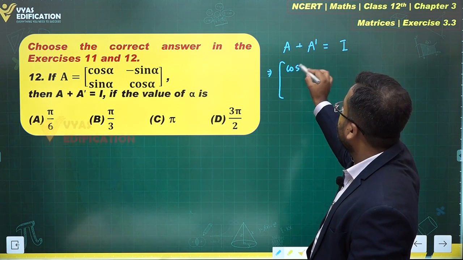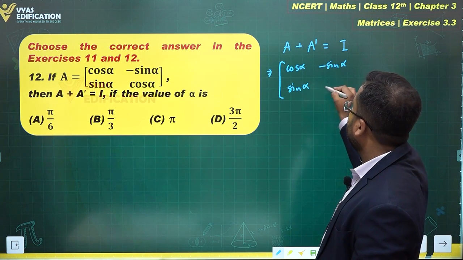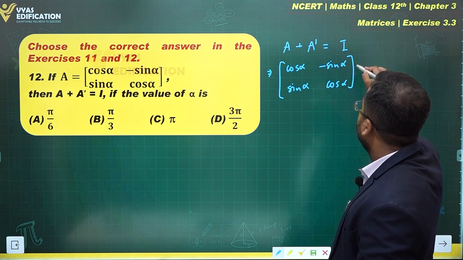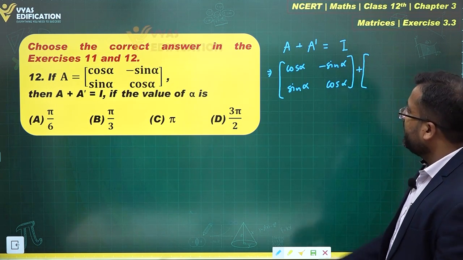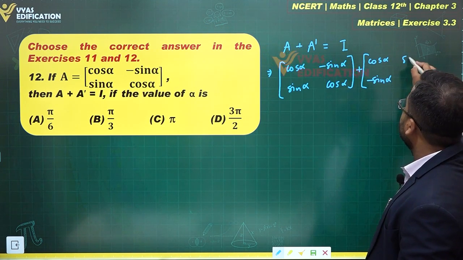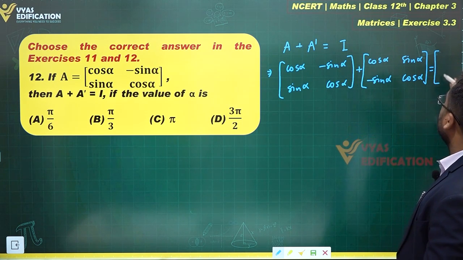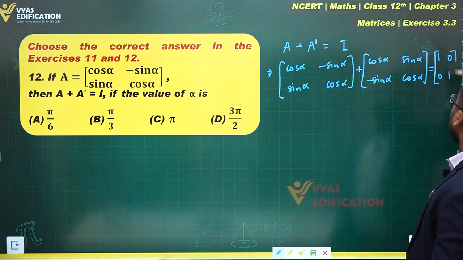A is cos alpha, minus sin alpha, sin alpha, cos alpha, plus the transpose of this matrix, which is cos alpha, sin alpha, minus sin alpha, cos alpha. And this sum is equal to identity matrix, which is 1 0 0 1.